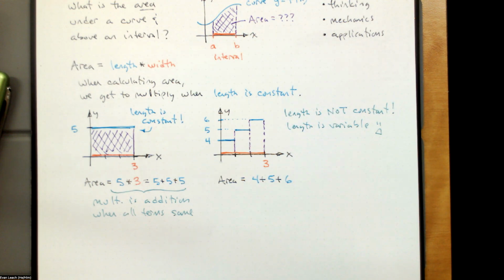If the terms are not the same, that is, the terms are variable, we don't get to multiply, we have to use addition.